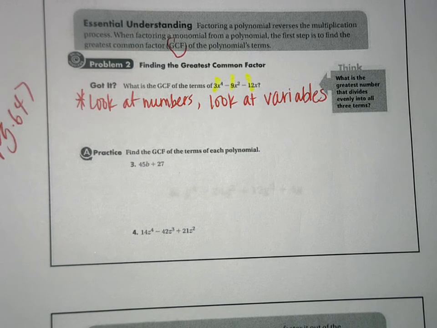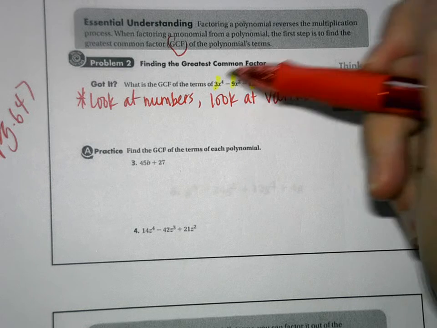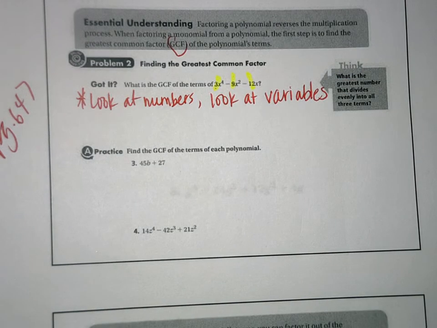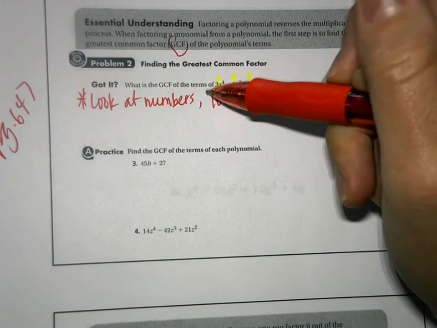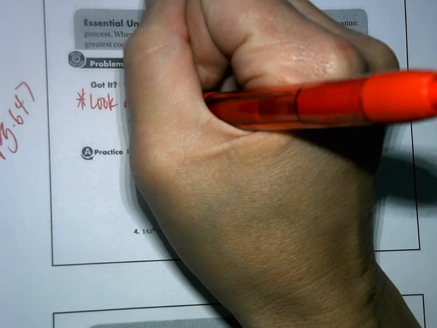I always go to my smallest number, because that is the largest amount I could possibly take out. And I check to see, can 3 go into 9 evenly? Yes. Can 3 go into 12 evenly? Yes. So therefore, part of my GCF will be 3.